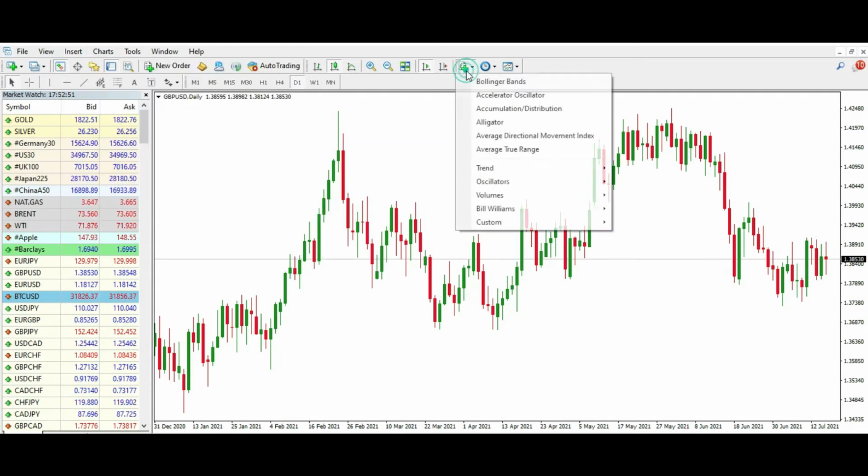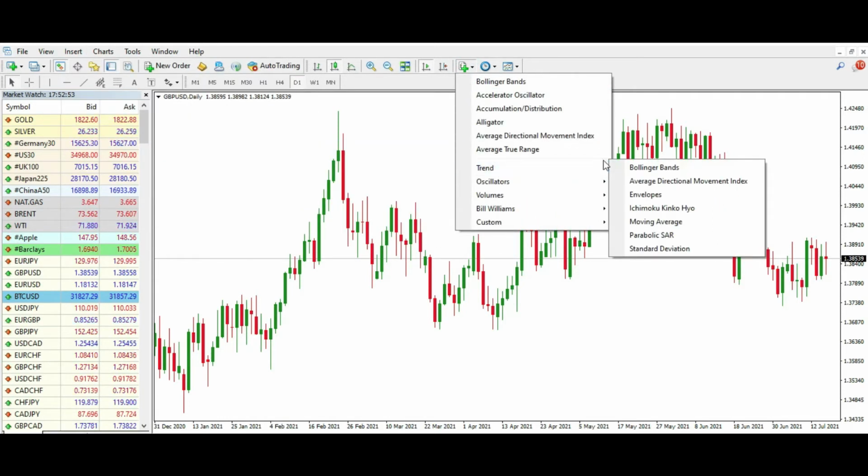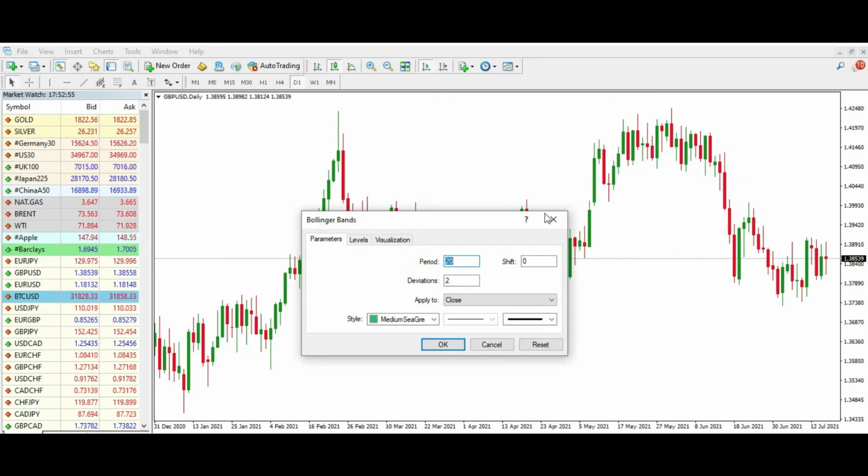I prefer this one, the fastest one: trend, Bollinger Bands, and here you can define period and deviation, and this is all. These two pieces of information are just enough. Usually, deviation is important if you want to define how wide you want your Bollinger Band to look.